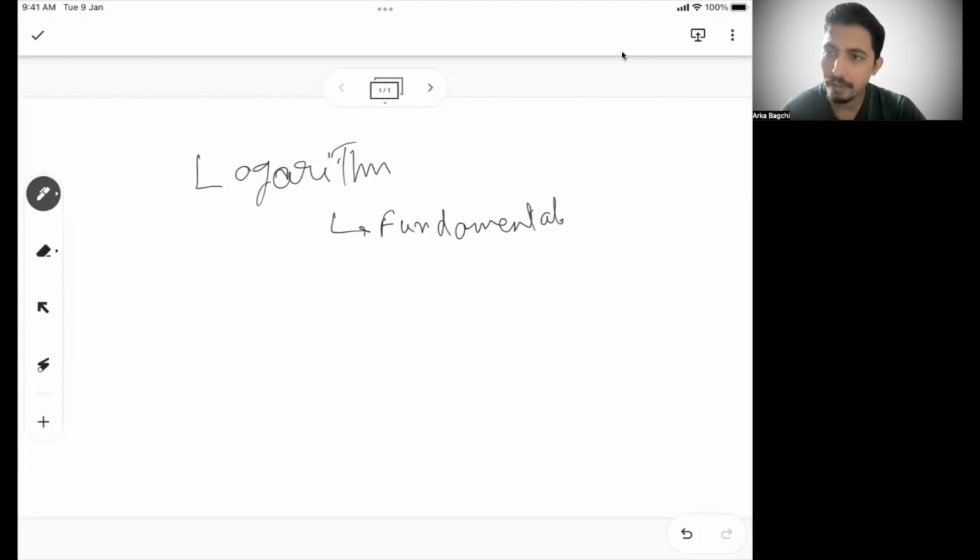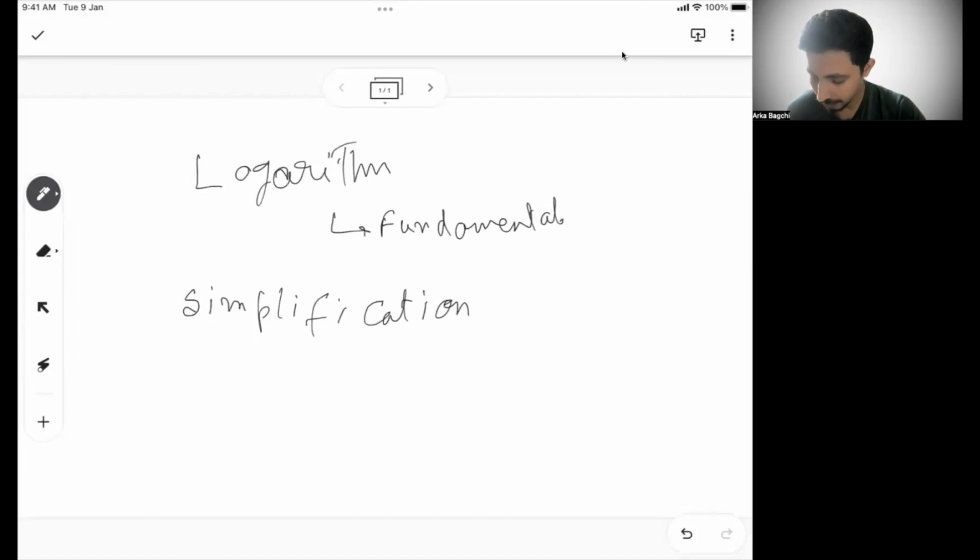The type of problem that can come in logarithm is simplification. They may give you a logarithmic expression and ask you to simplify it and match it with one of the options, or they will ask for finding a value.